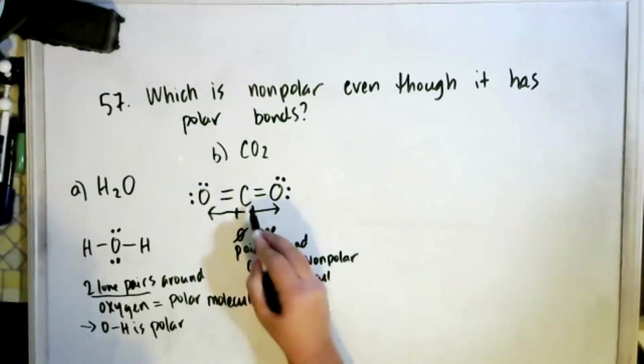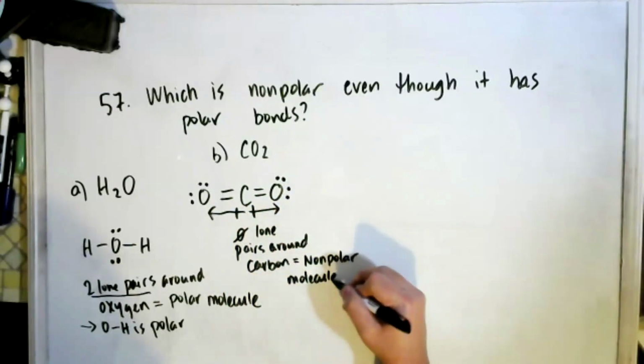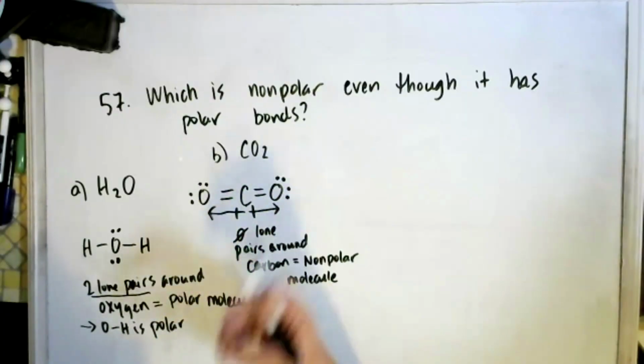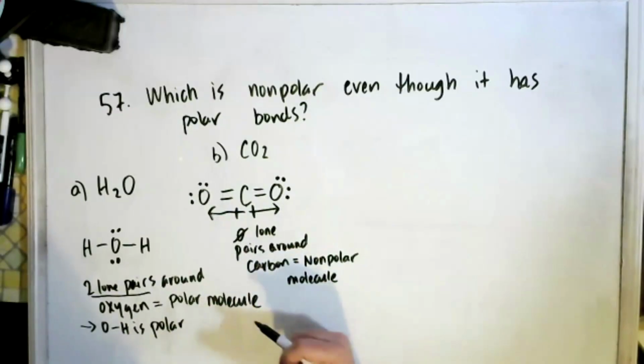This is true even if we're looking at something that has polar bonds. And that's because the oxygens will, in this case, both be pulling the electrons towards themselves the exact same amount. So one oxygen is not going to be more negative than the other oxygen.